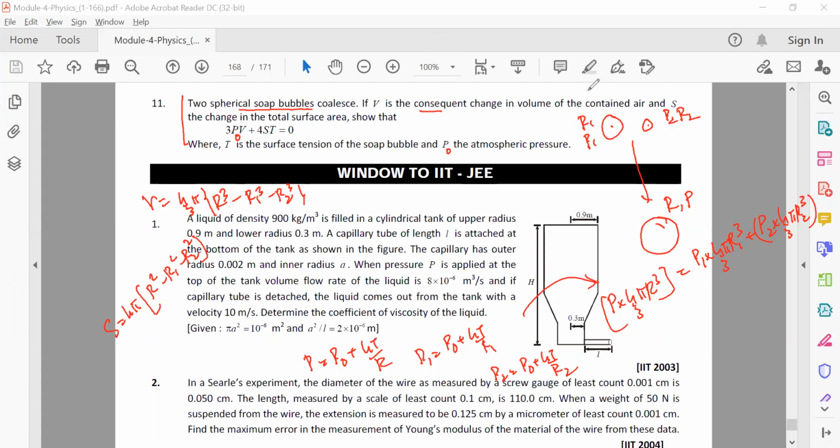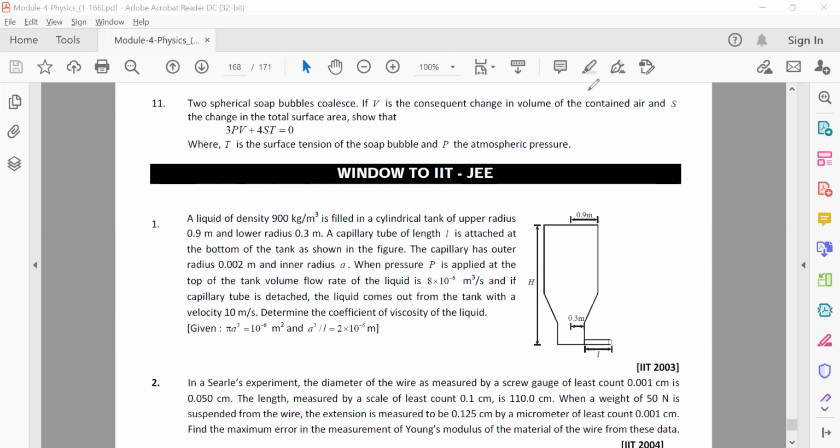Okay, now we'll look at some remaining questions in exercise 4.